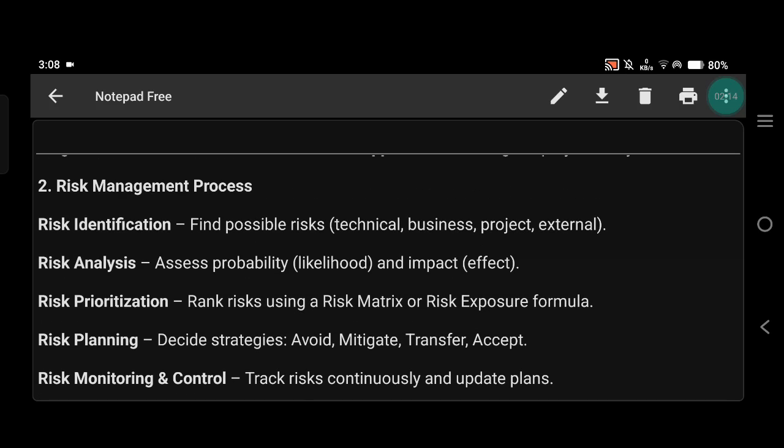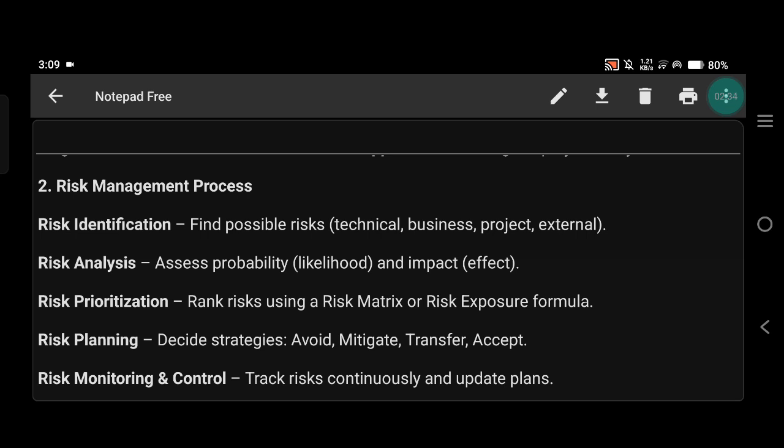See, first one is risk identification. First we find possible risk, then risk analysis. Then we check how likely each risk is and how big its impact can be. Third is risk prioritization.